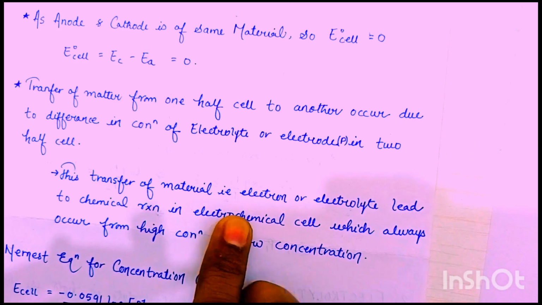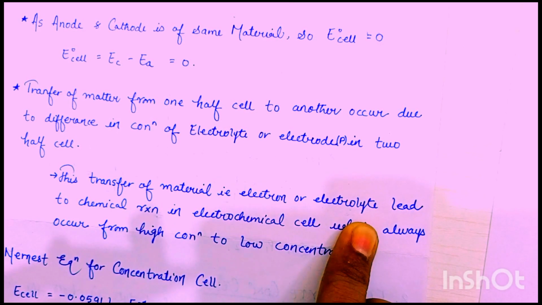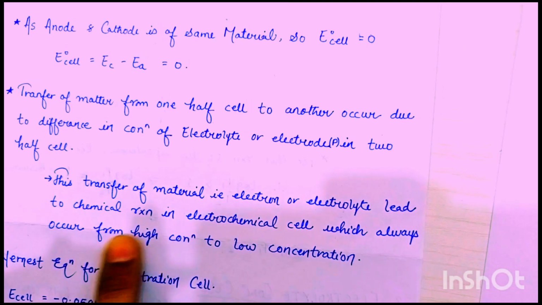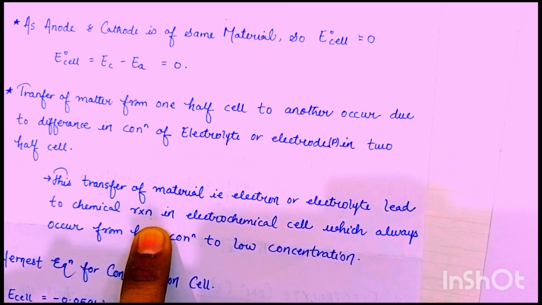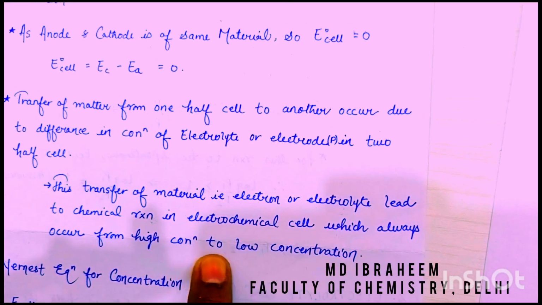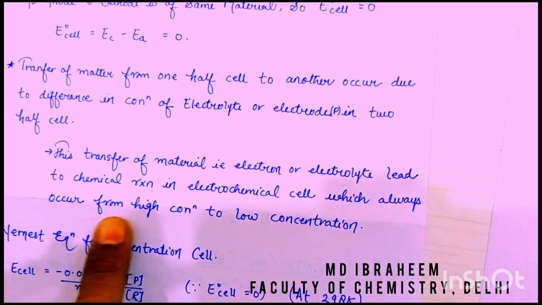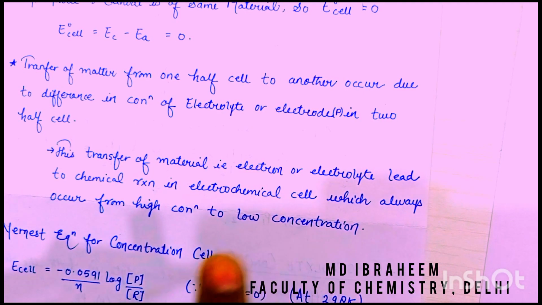The transfer of material, that is electrons or electrolytes, depending upon the type of cell, leads to the chemical reaction in the electrochemical cell, which always occurs from higher concentration to lower concentration.